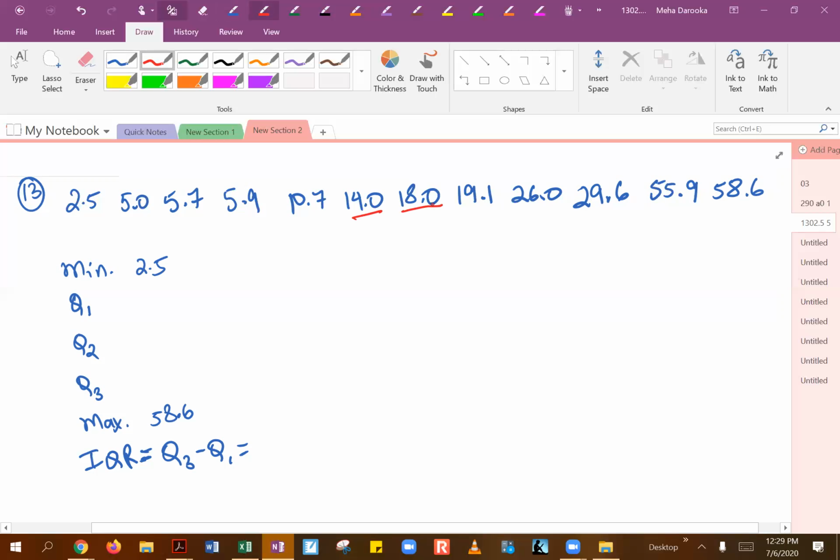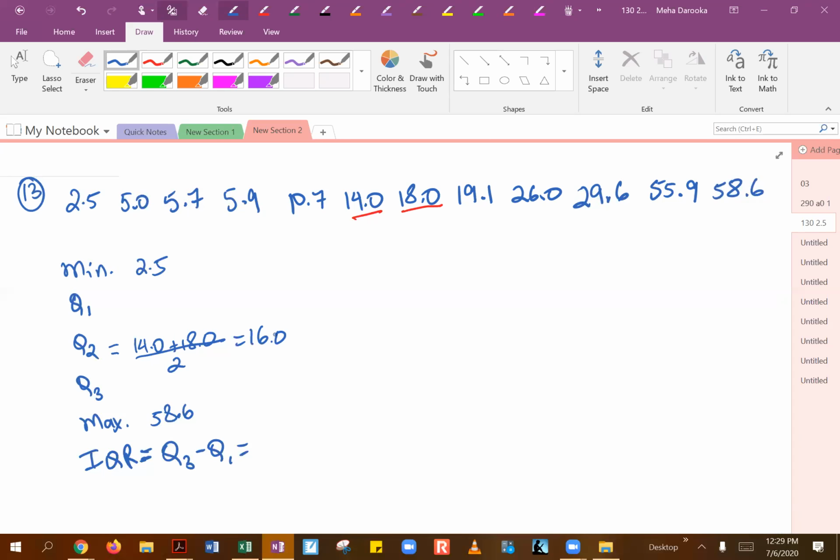So for quartile 2, you would actually end up taking an average between 14.0 and of course 18.0, which is coming up to be 16.0. And since they are keeping everything at 1 decimal place, we'll follow the same rounding as them.